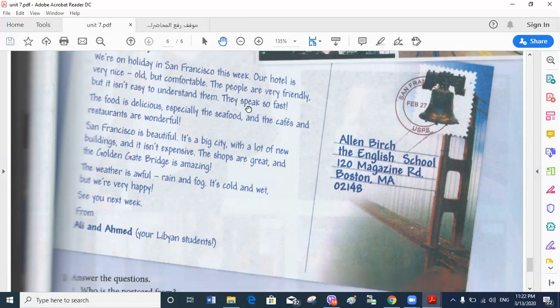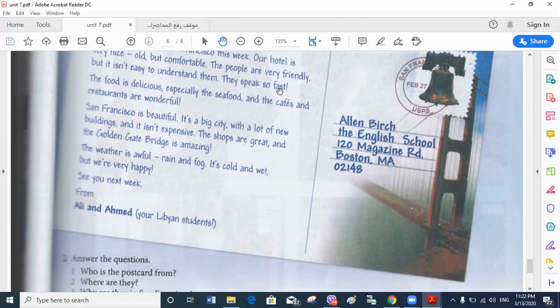The people are very friendly, but it isn't easy to understand them. They speak so fast. Fast is also an adjective. The food is delicious, especially the seafood.